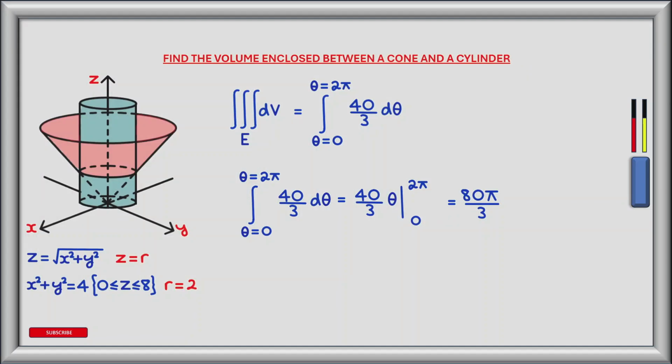And for the outer integral, we want to integrate from theta equals 0 to theta equals 2 pi, 40 divided by 3 d theta. And using the power rule to evaluate this, we get 40 divided by 3 theta. And plugging in the limits of integration, we get 80 pi divided by 3. And this is the volume enclosed between our cylinder and our cone.